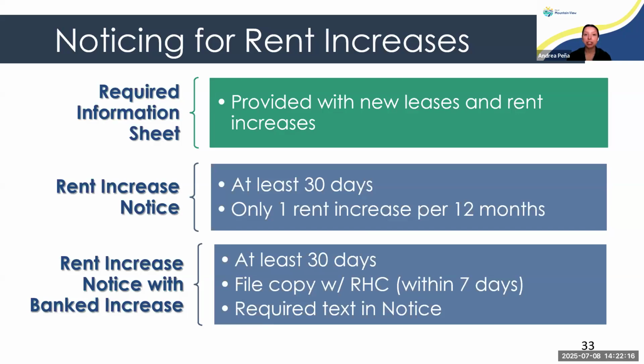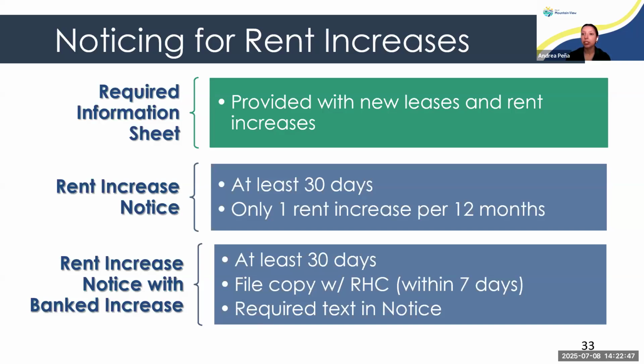Then there's the rent increase notice itself. This needs to be given at least 30 days in advance of the effective date of that increase. And once again, that can only be given once every 12 months. For rent increases that have a banked rent increase, a copy of that also needs to be submitted to the city within 7 days.